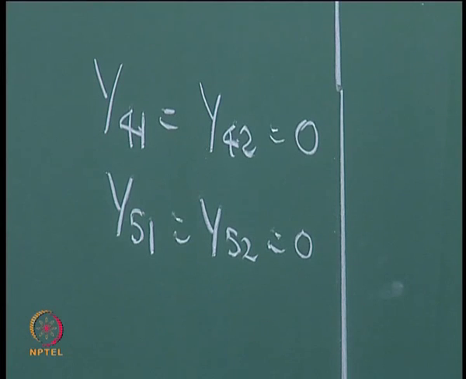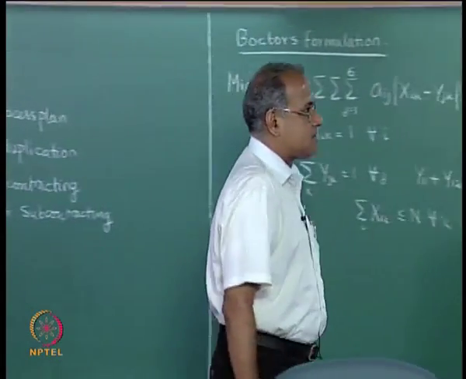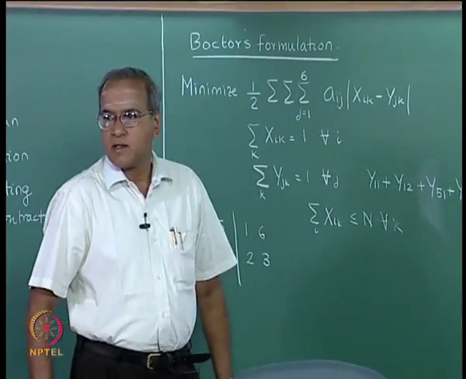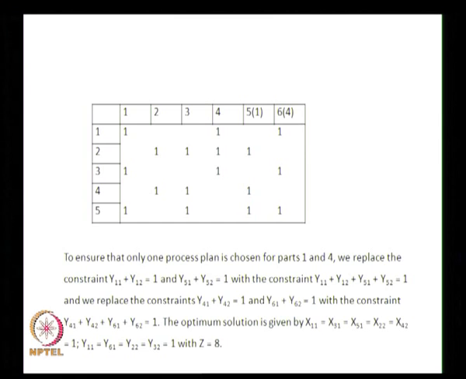Now, the way this objective function will be calculated is, since y41 is equal to 0, process plan number 4 requires visits of machines 1, 2 and 3.